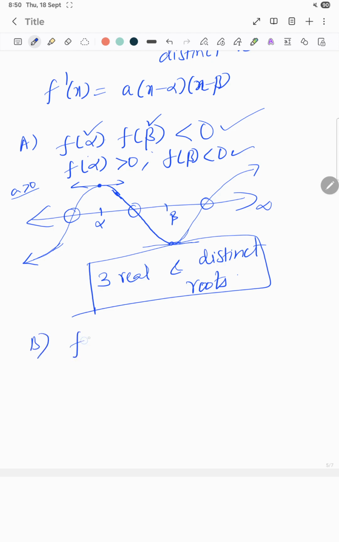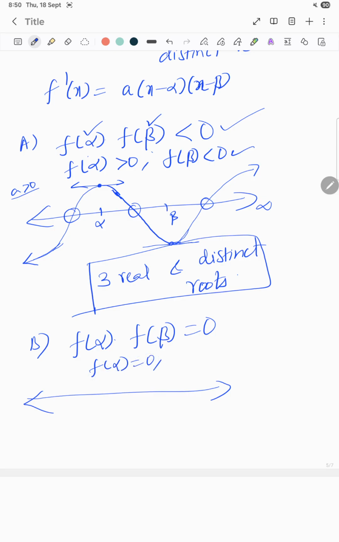Second case, f of alpha into f of beta is equal to 0. That means f of alpha is 0 in the first case; in the second case I will take f of beta as 0. If f of alpha is 0, so again minus infinity to plus infinity here, I can draw the graph like this.